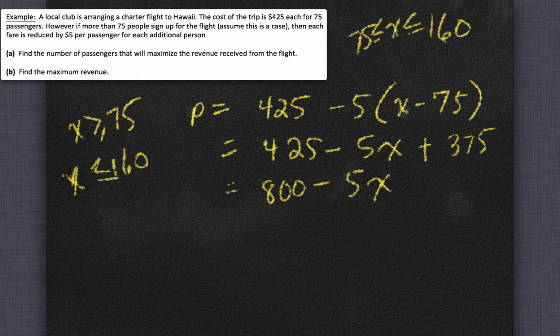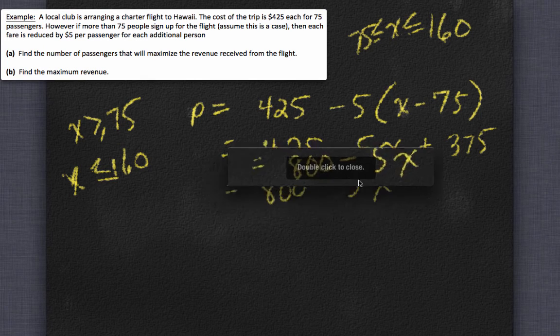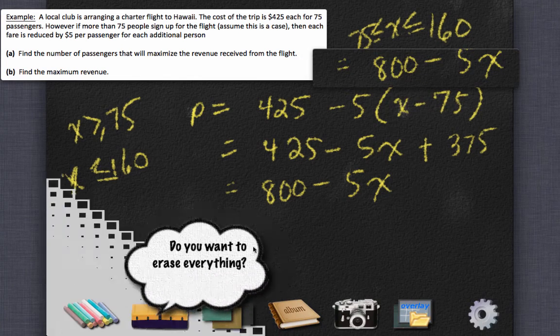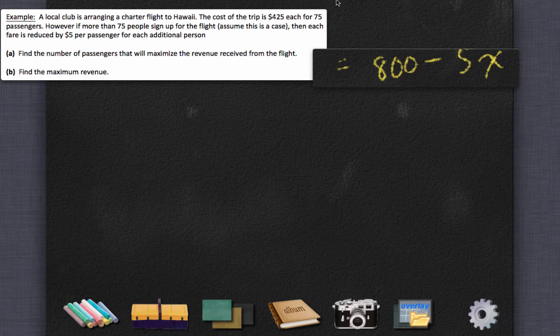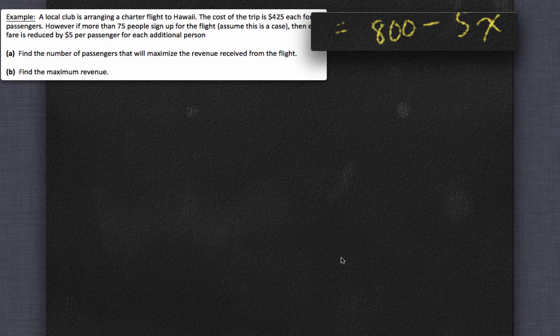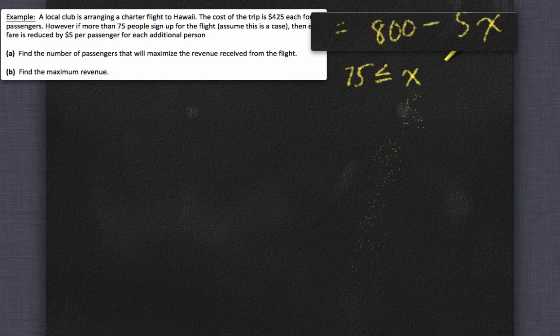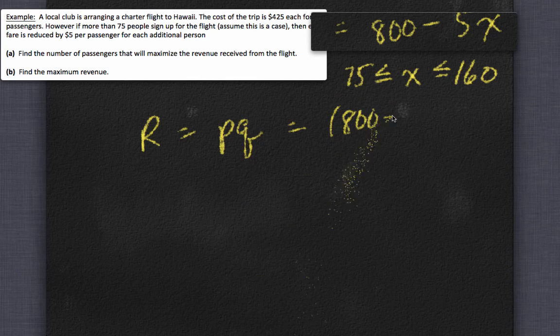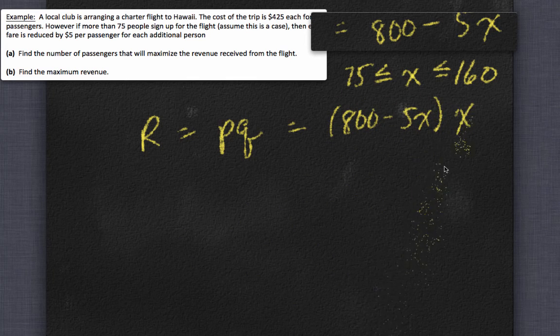Okay, so here is P, for x between 75 and 160. So revenue is P times Q, in this case 800 minus 5x times x.